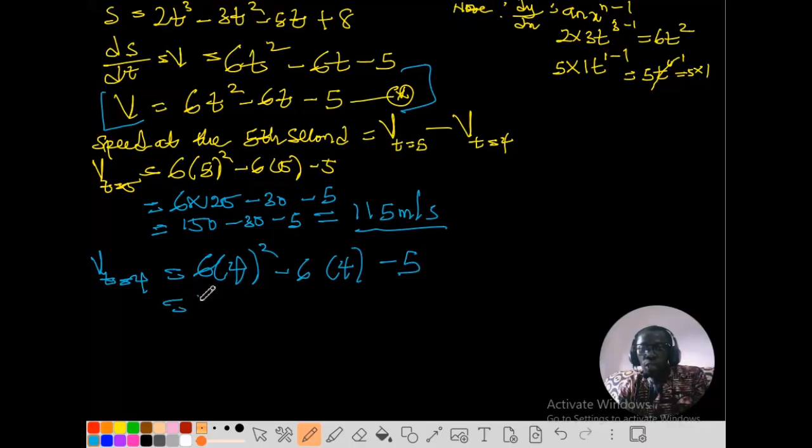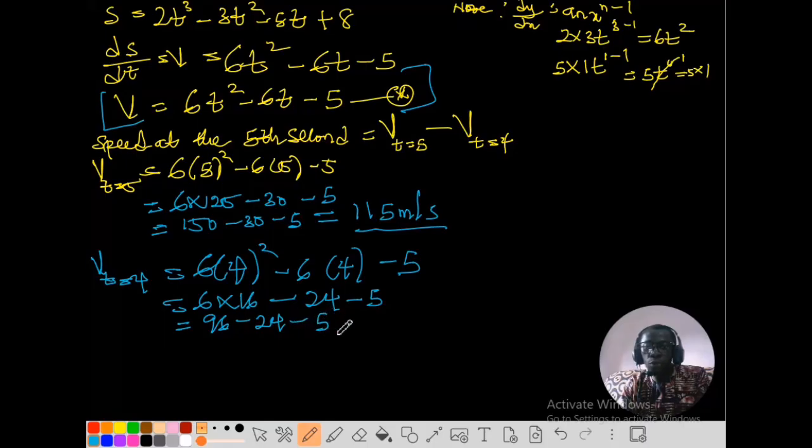So 4 squared is 4 times 4, 16, minus 6 times 4, 24, then minus 5. 6 times 16 will give you 96. So I'm going to have 96 minus 24 minus 5, and that will give 67. So the velocity at t equals 4 is 67 meters per second.